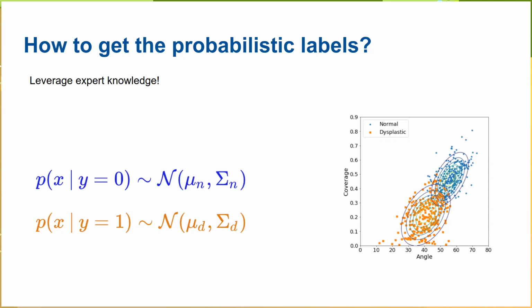And then we have the probability of X, where X is the image, the angle and coverage pair, given the class. And we have the blue model, and then we have the orange model.